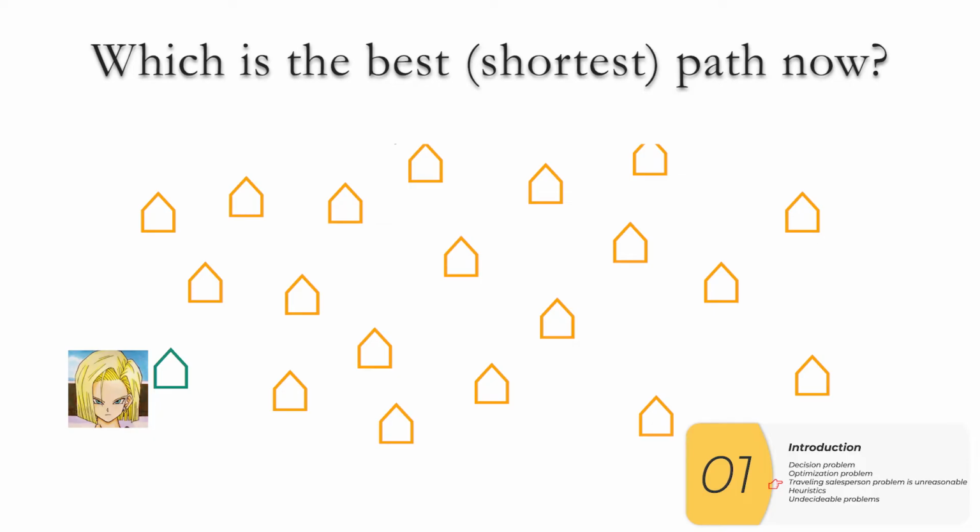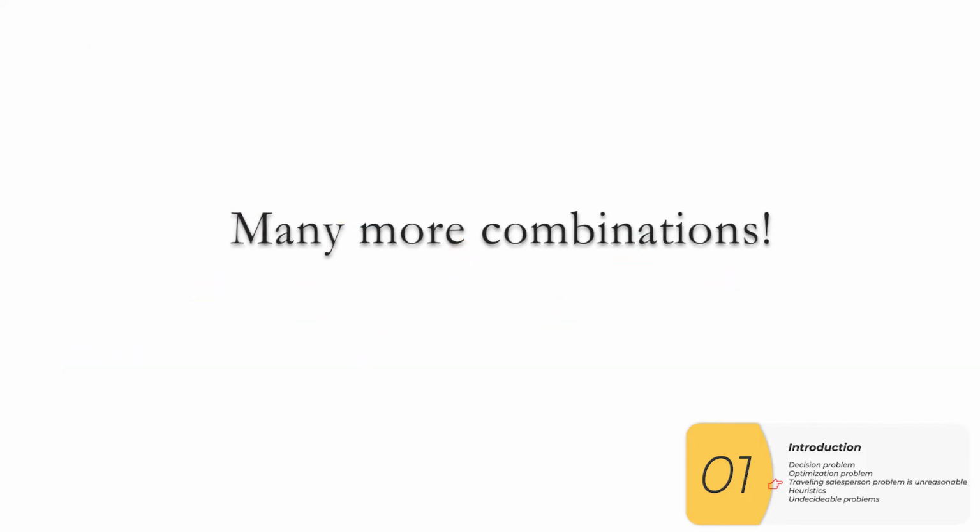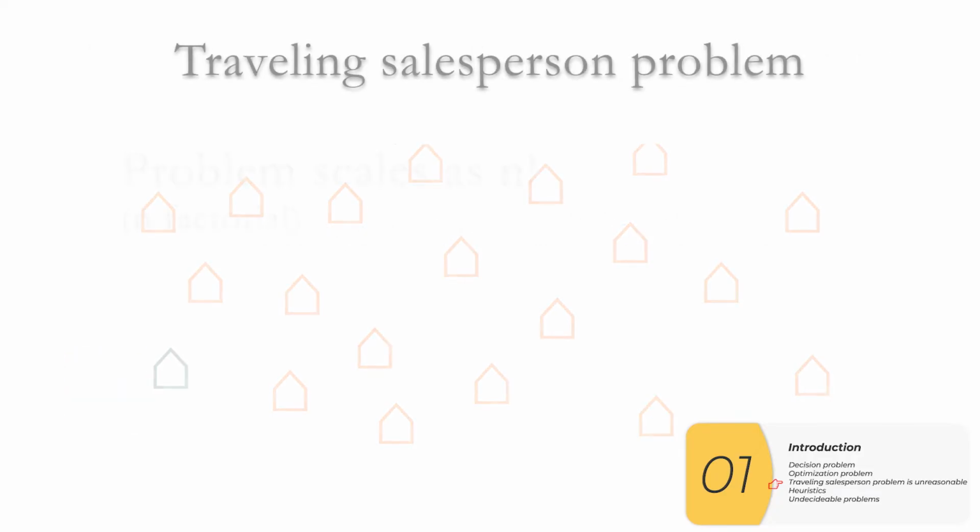So now we're going to change it up a little bit. We're still going to ask an optimization problem, but we're going to ask what is the shortest path now that we've added a whole bunch of houses. So before, with only 4 houses, it's kind of easy to brute force all the combinations, but now we have many more combinations, and it's much harder to brute force that answer. So this problem has a name.